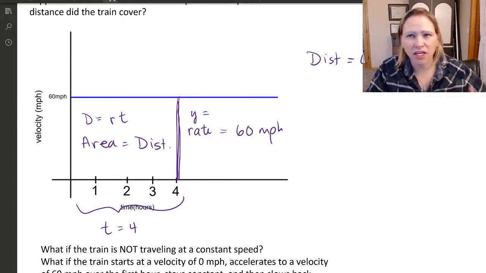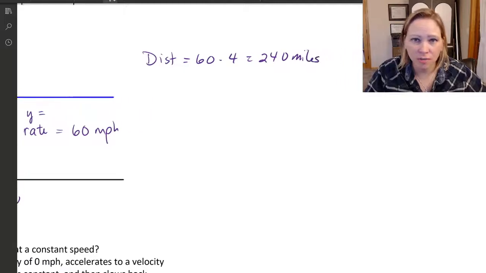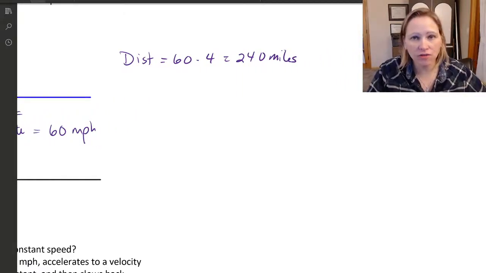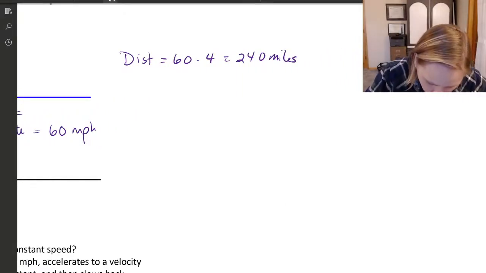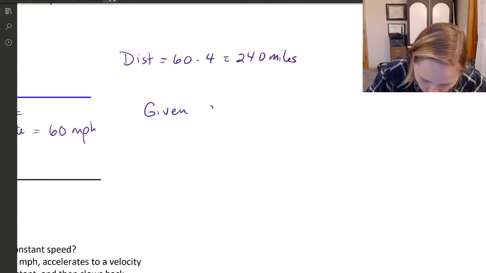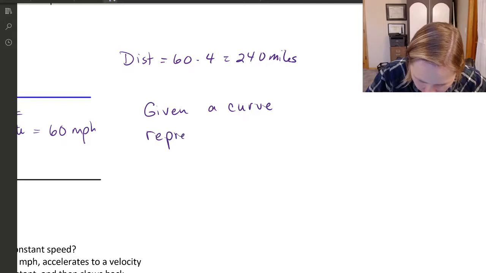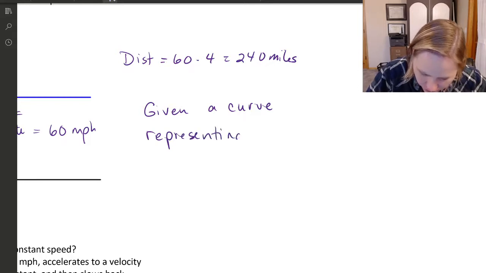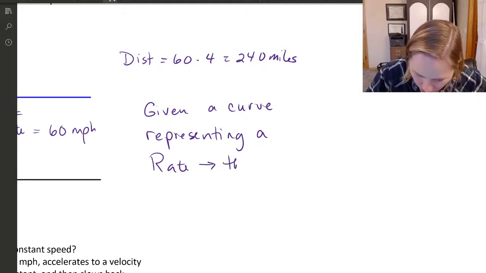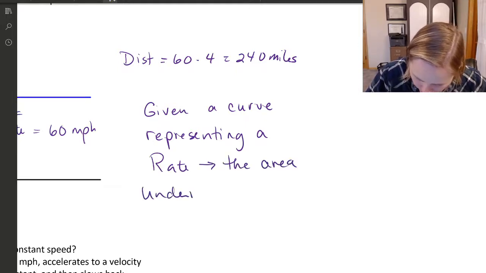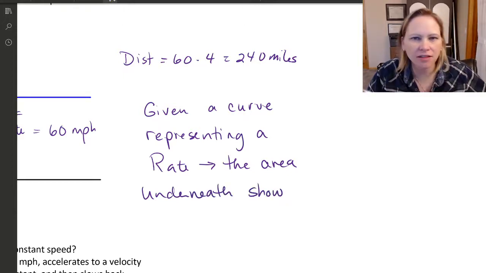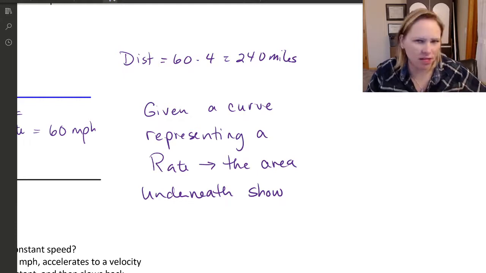So let's sum this up just a smidge here. When we are given a curve representing a rate, the area underneath shows the total amount of change that we see happening with whatever that rate is measuring.